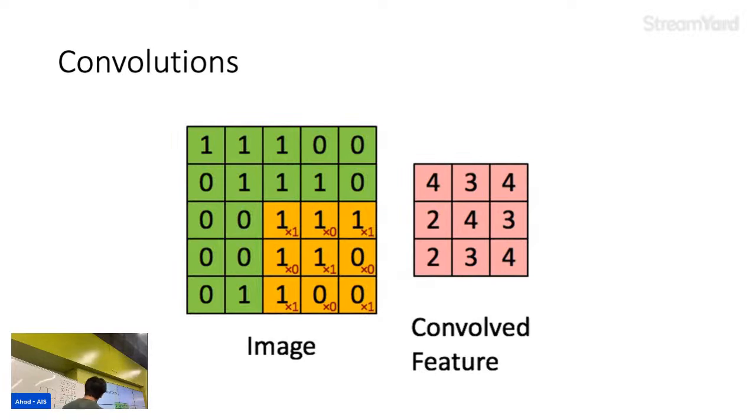To summarize the idea, we're taking this matrix and throwing it on top of that and multiplying them together. Then we move it over one step, move it down, and then the other direction. And then we get this output matrix, or convolved features as it says there. I'm gonna just go over that with y'all so you know how it works.